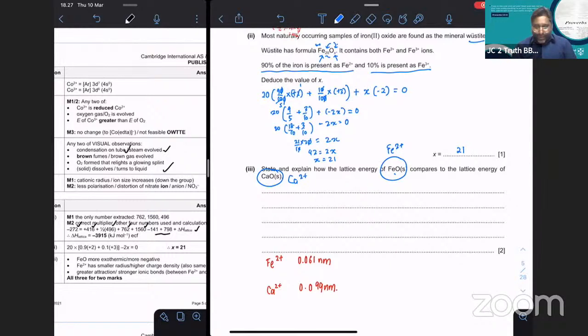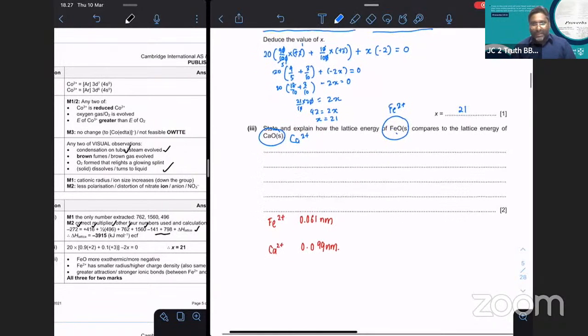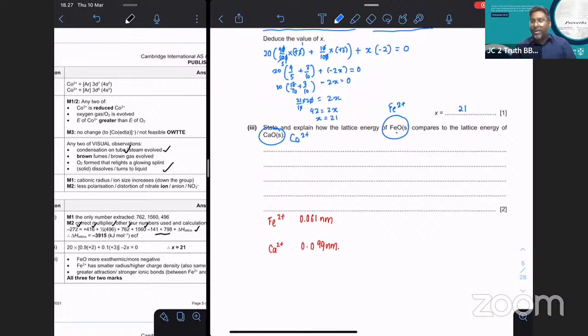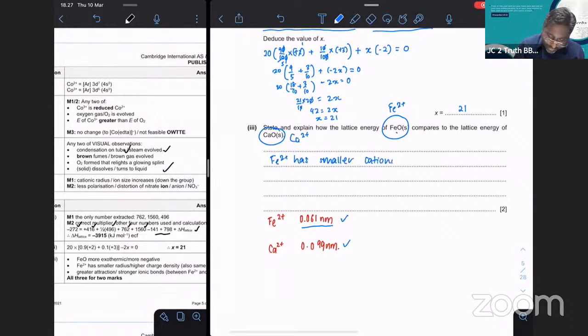So the only thing we need to look at is the radius. You can get the radius from the data booklet. I have taken it from the data booklet, and I have these two values. From here, I can see that Fe2+ has the smaller ionic radius, or smaller cationic radius.